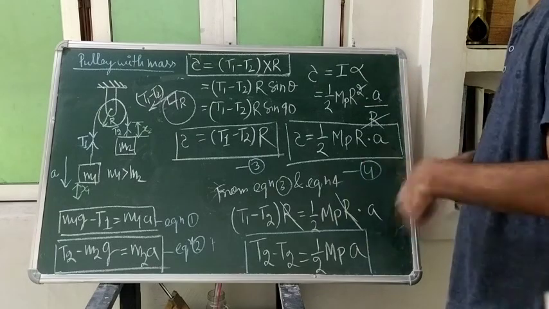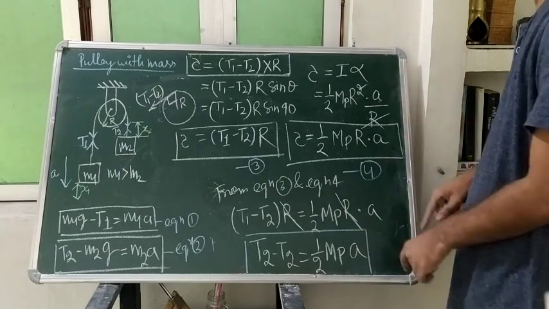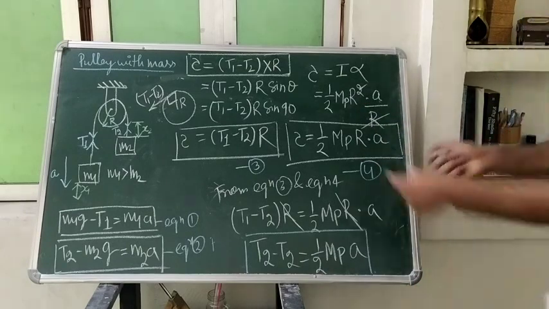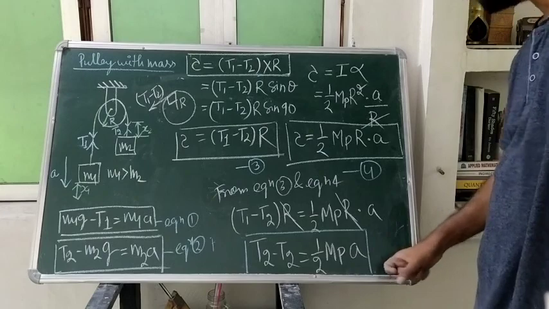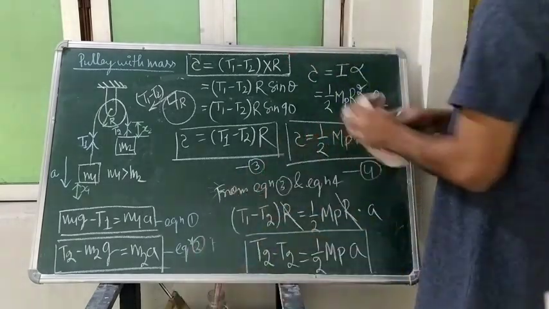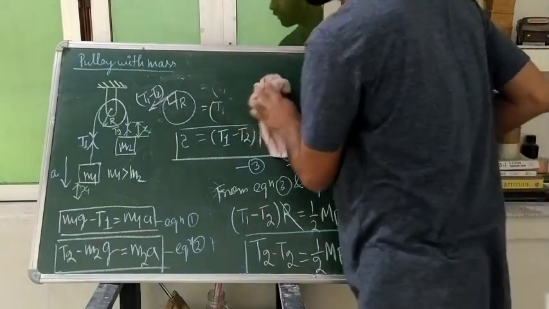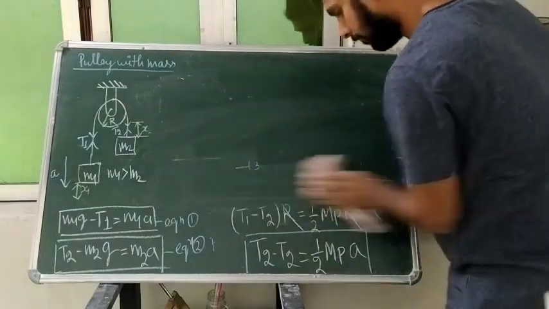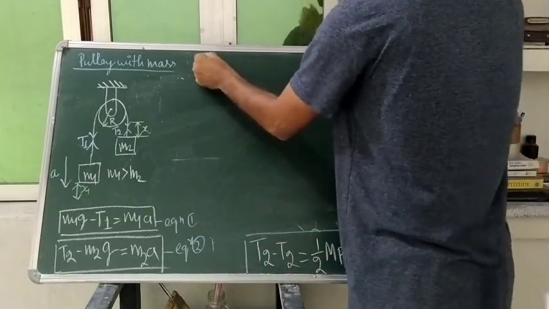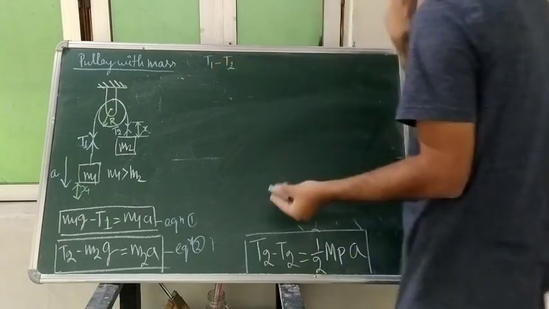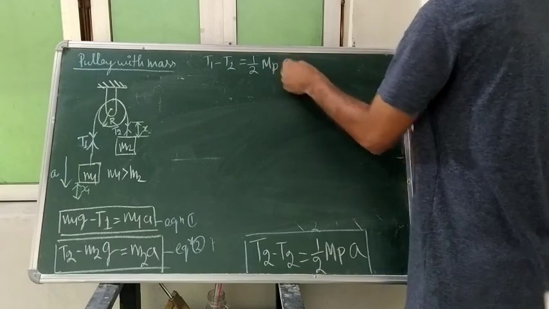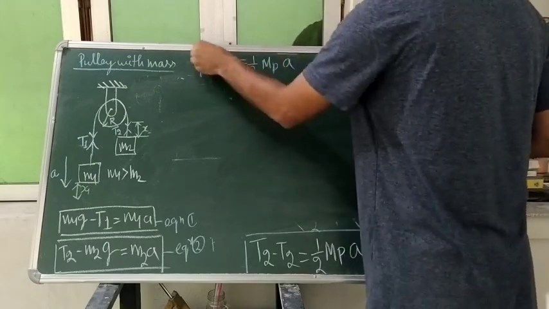Angular acceleration in circular motion is linear acceleration divided by radius, so we have done that. R gets cancelled out, and relating the expressions we get T1 minus T2 equal to this much. So from here, T1 minus T2 is equal to 1 by 2 mass of the pulley times the linear acceleration.